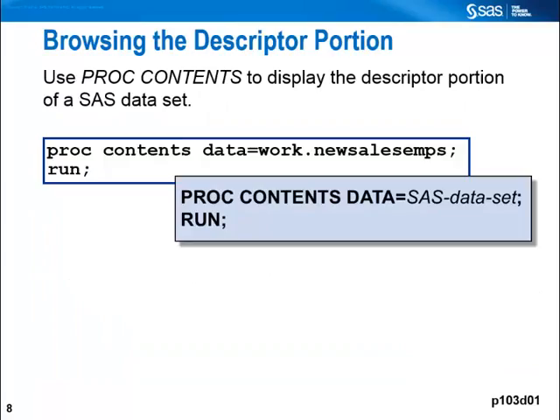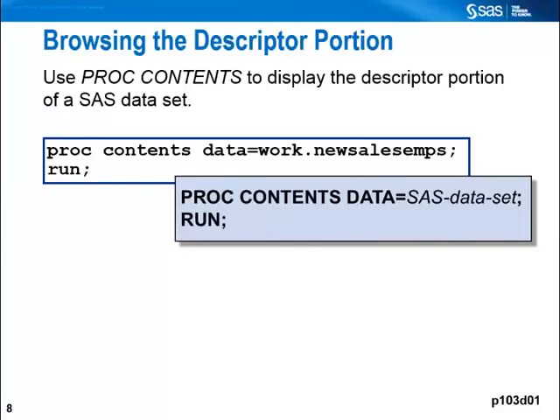So how can we browse through the descriptive portion? We use proc contents to display the descriptive portion of a SAS dataset. Following is the syntax: proc contents data equals the SAS dataset, and then we write a run statement. According to the example here, that is proc contents data equals work.newsales emps, and then run.